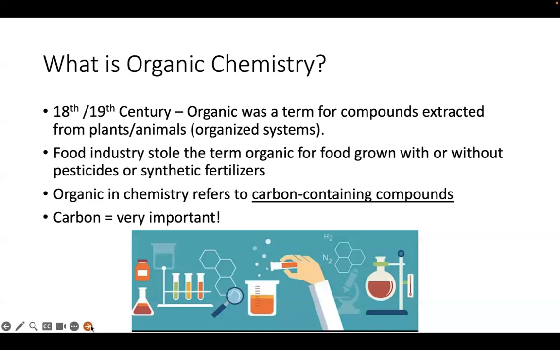But really, when we talk about organic chemistry, we're not referring to food grown with or without pesticides. We're talking about chemistry that is centered around carbon. Carbon is a very important backbone to all of these molecules. They contain a lot of carbon atoms.